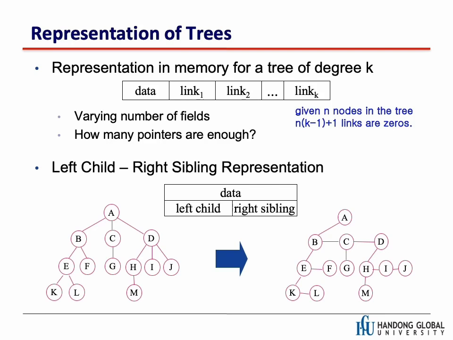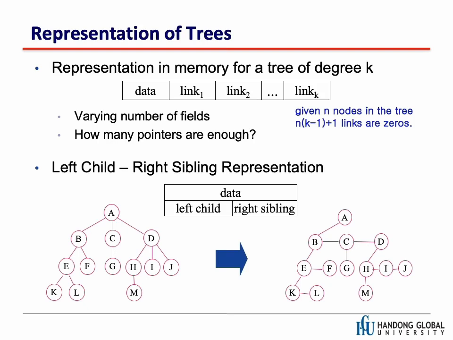So the edge between A and B can be counted by node B, the edge between B and E can be counted by node E, and the edge between E and K can be counted by node K. So when we have n nodes, we have n minus 1 edges. So then we need n minus 1 links.